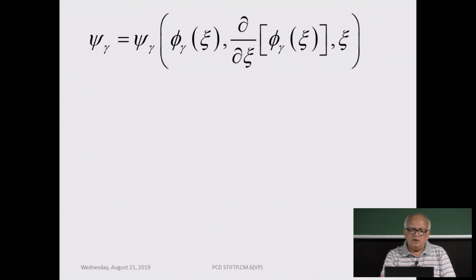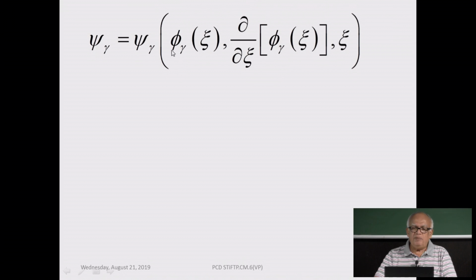But the grandpa's happiness also depends on how his son's happiness depends on his child's happiness. So, there is an explicit dependence on how the grandchild performs, and there is an implicit dependence via how his son reacts to the child's performance in life in general or exams or whatever. So, the explicit dependence on xi is contained over here.